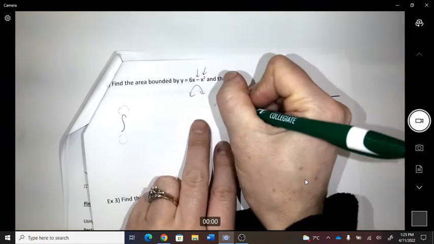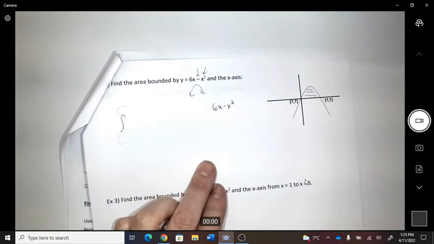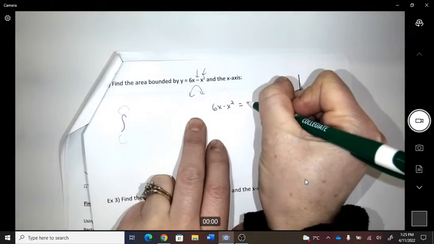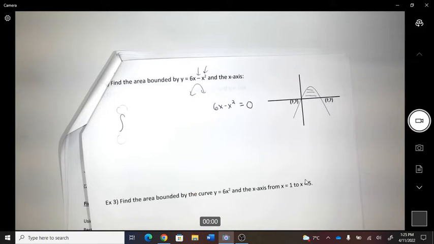Okay, so where does this parabola hit the x-axis? So where does it have a y value of 0? Okay, so now how do I solve something that looks like that? Obviously we go all the way back to grade 11.